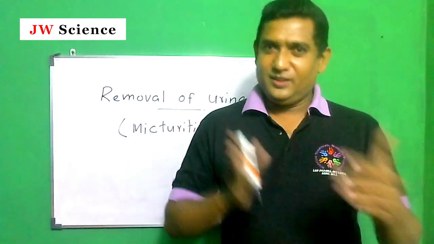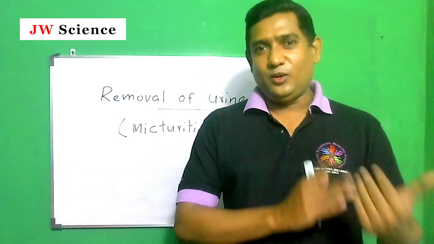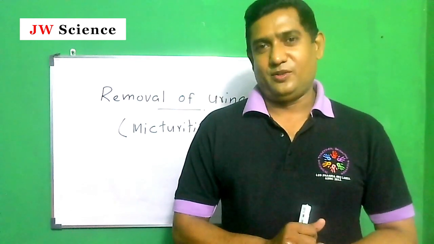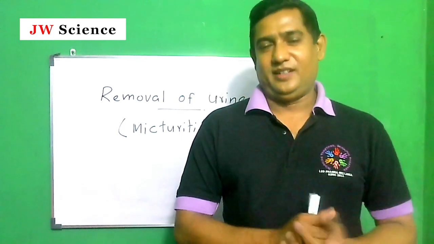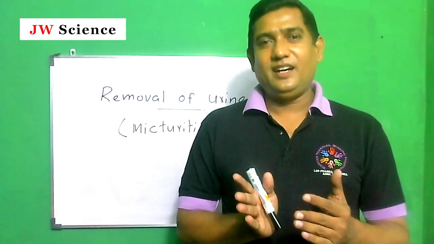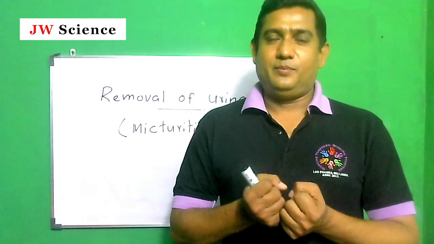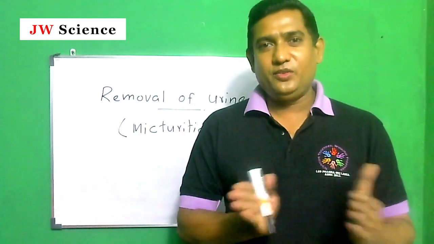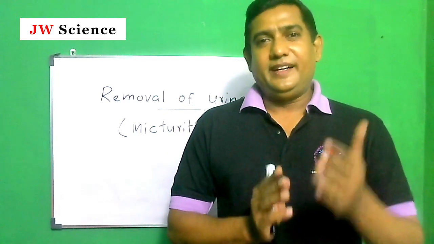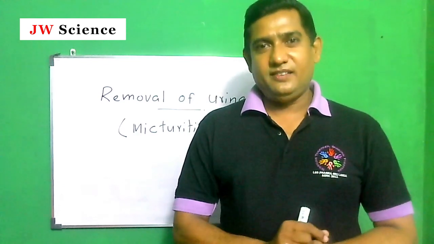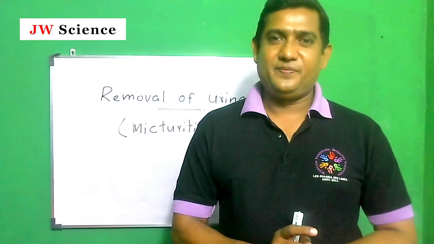It opens through a brain signal. But the outer sphincter is under voluntary control, which means we can control it. So as a result of contraction of the bladder wall and the opening of the internal and external sphincters, the urine will be passed through the urethra.